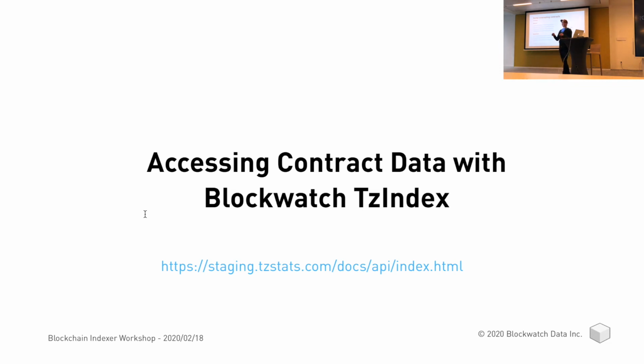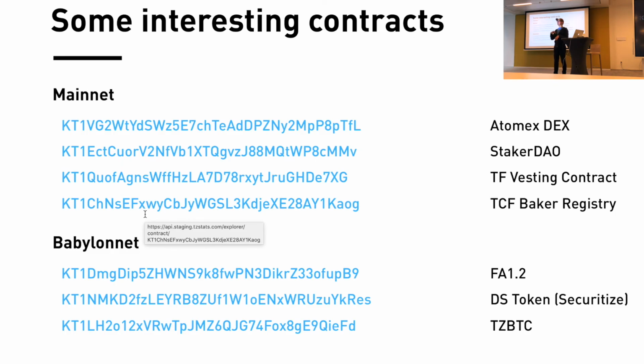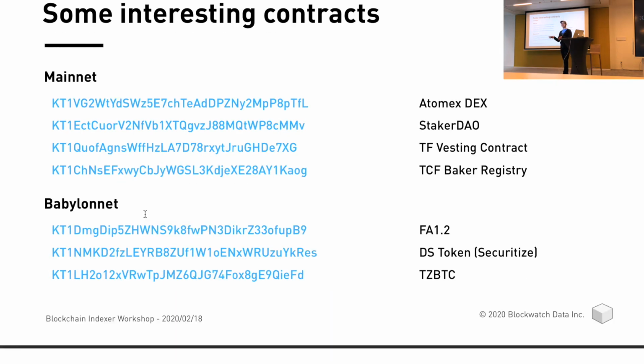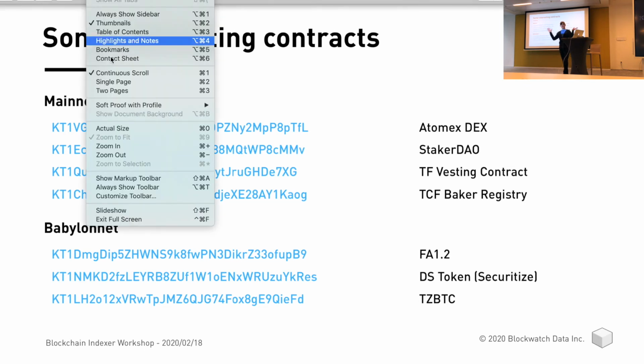Bear in mind that an indexer is only a read-only tool. There is no way to interact with your smart contract directly. This is done through other tools. Here, you get a read-only view into what your contract does or did in the past. So just to set the stage.